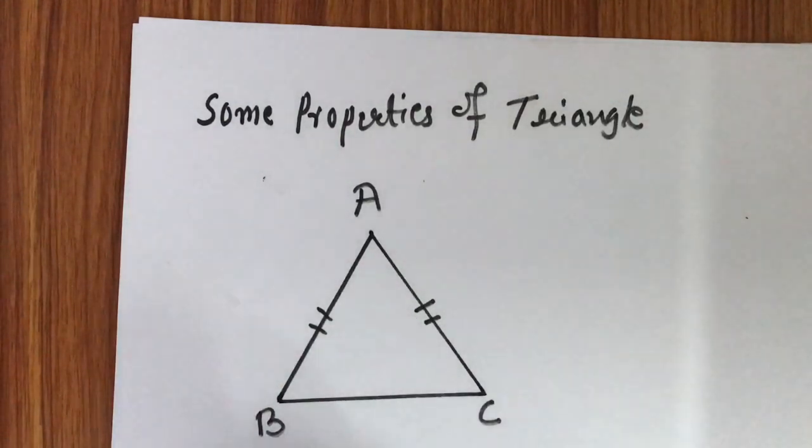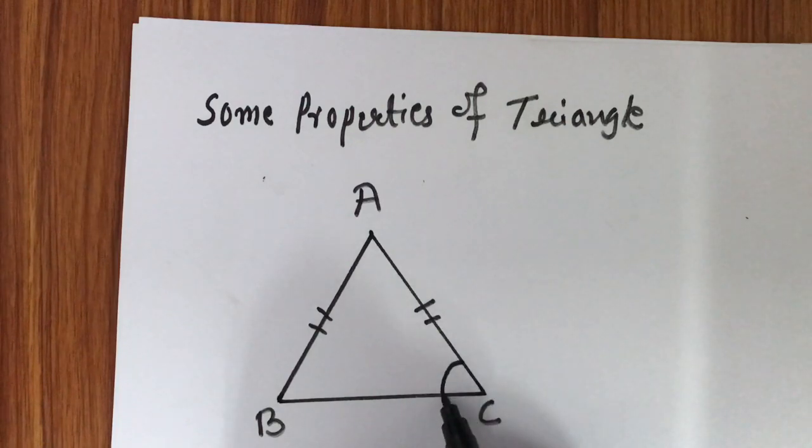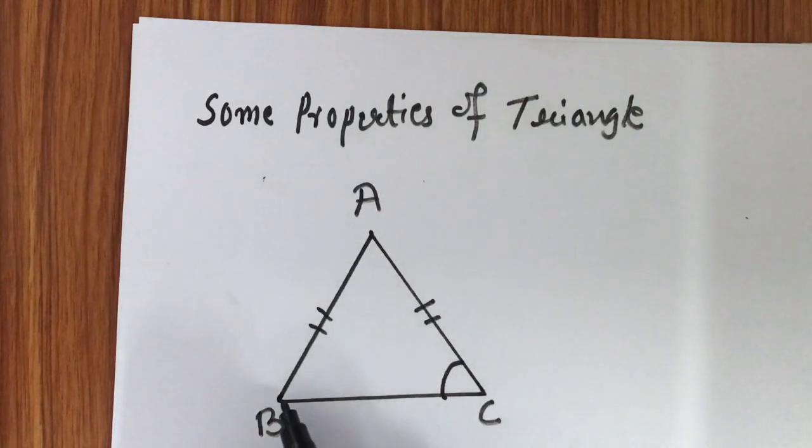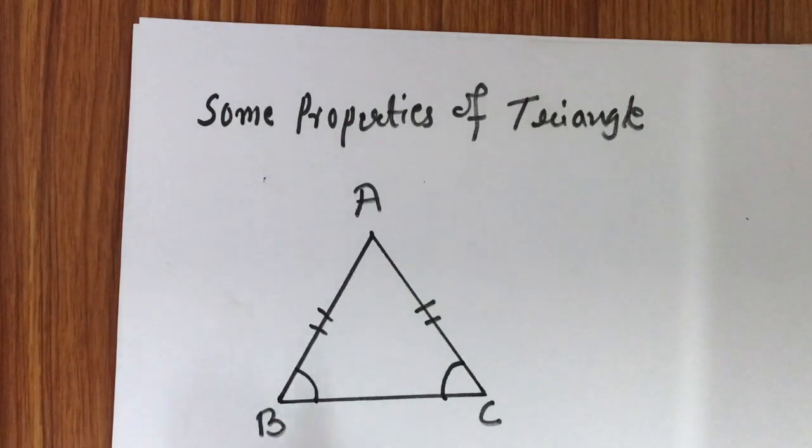The angle opposite to the side AB will be angle C, and angle opposite to the side AC will be angle B. So we shall verify whether the two angles B and C are equal, because the first property is angles opposite to the equal sides are equal.